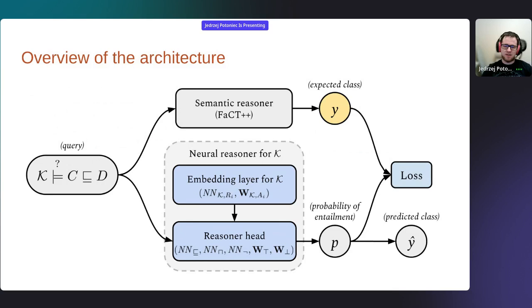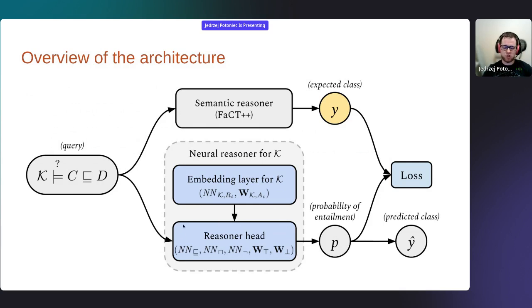So the architecture of the solution consists of the main part, the neural reasoner, and the neural reasoner itself consists of two subparts.